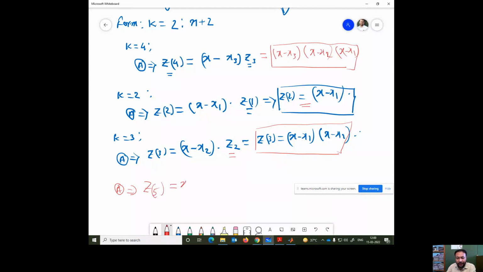How can I calculate? x minus x1, x minus x2, x minus x3, and x minus x4. So it can be calculated.